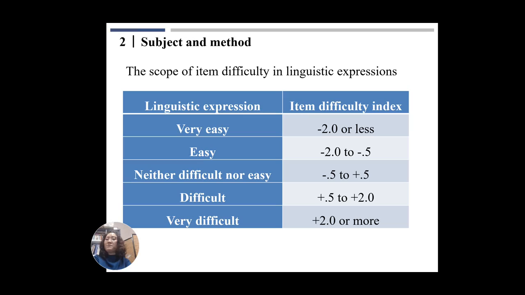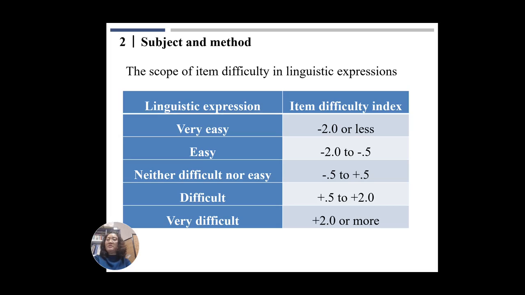In item response theory, item difficulty means the point of one's ability level at which the probability of answering an item correctly is 0.5, and it is denoted by b or β.